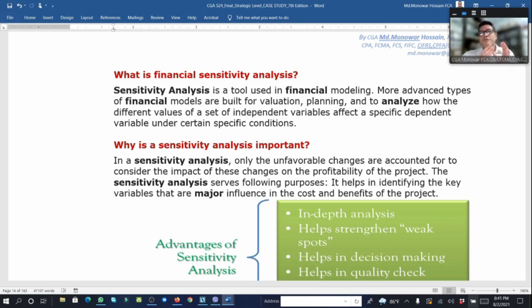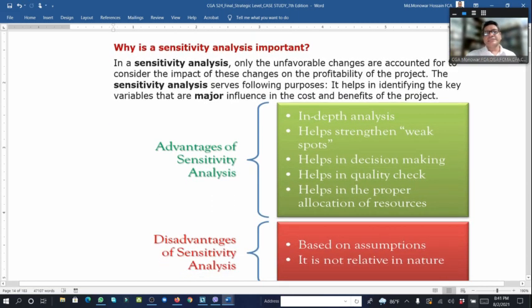So financial modeling, more advanced types of financial modeling, are built for valuation, planning, analyzing how the different values of the set independently. So we have to understand the sensitivity analysis. If we get time, we'll work on it. We'll do the math also. They are very important, sensitivity analysis.